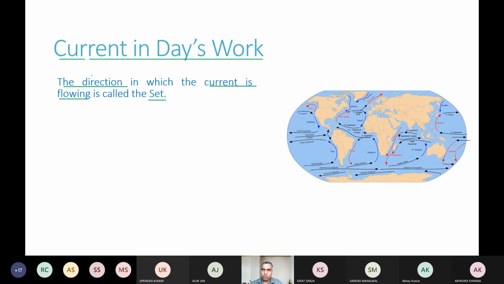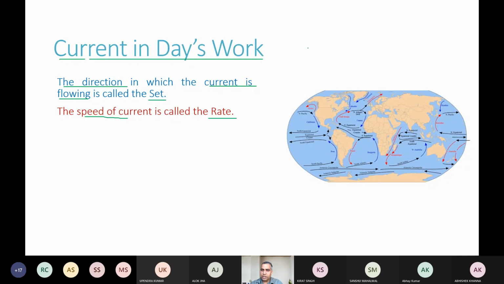It is not called the course, it is not called the direction in which the current is going. It is called the set of the current. So in any question, if they use the word set, it basically tells you the direction in which the current is flowing. The speed with which the current is flowing is called the rate of the current.